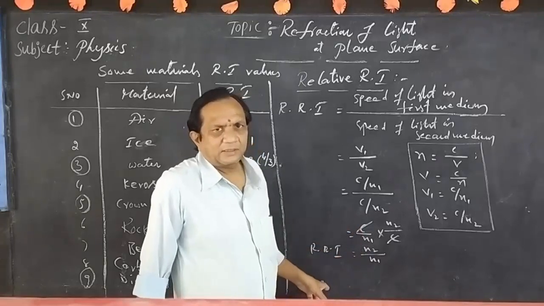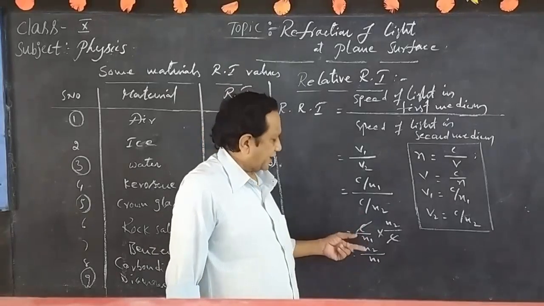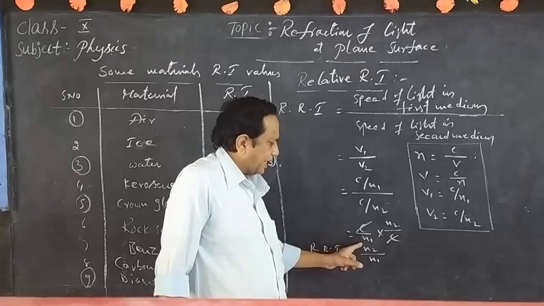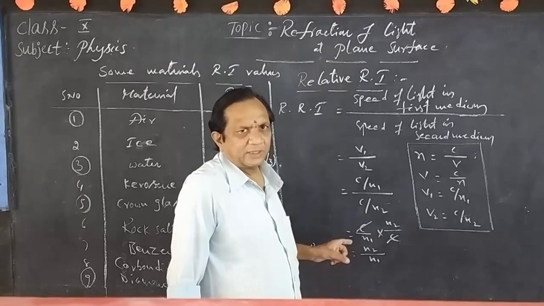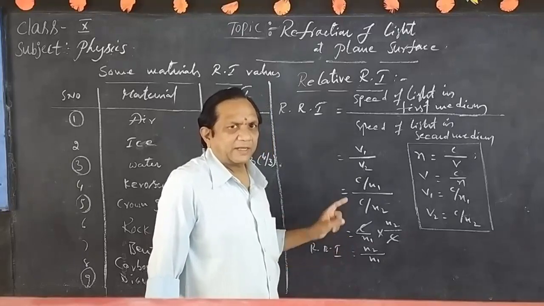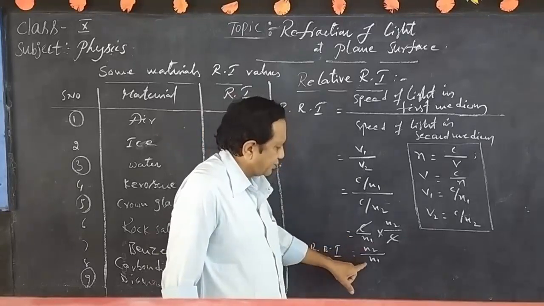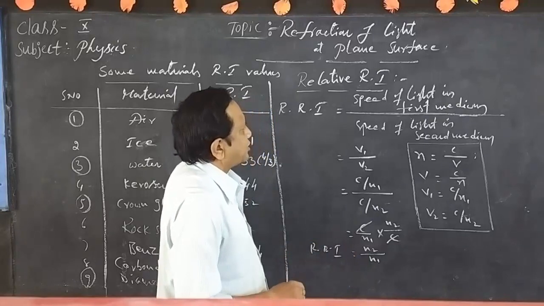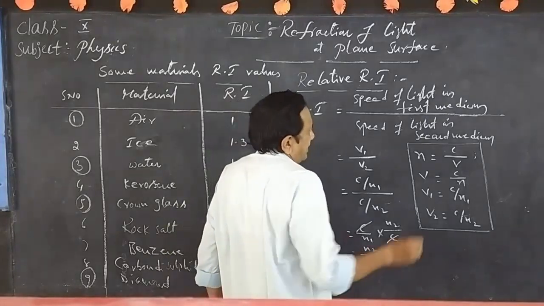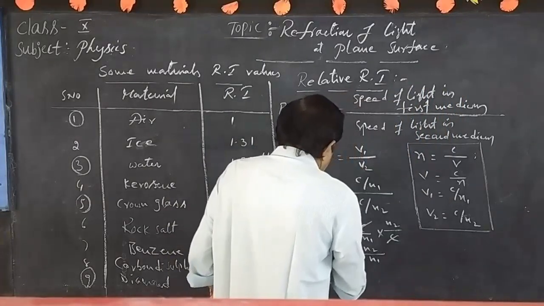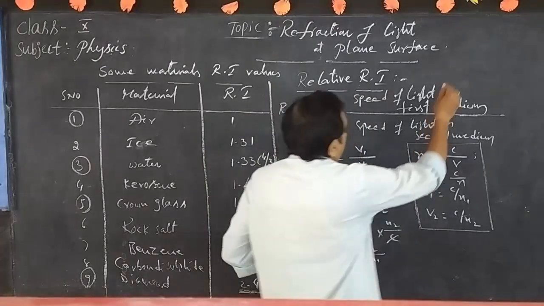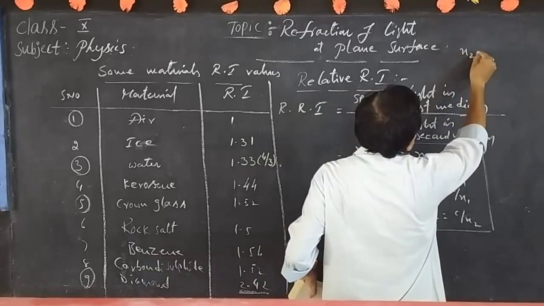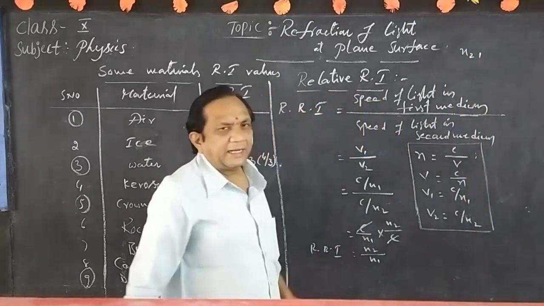Refractive index of the first medium with respect to the second medium is given by N2 by N1. The relative index of the second medium with respect to the first medium is given as N2 by N1. This can also be written, since the relative refractive index has a numerator and a denominator, as N21.